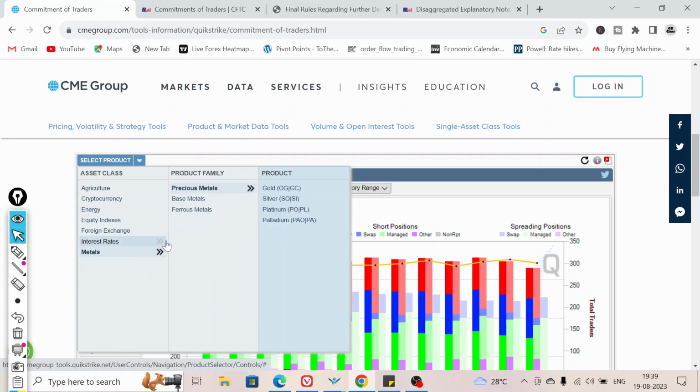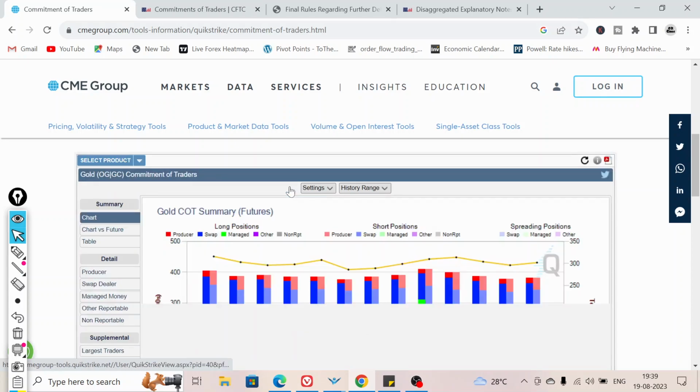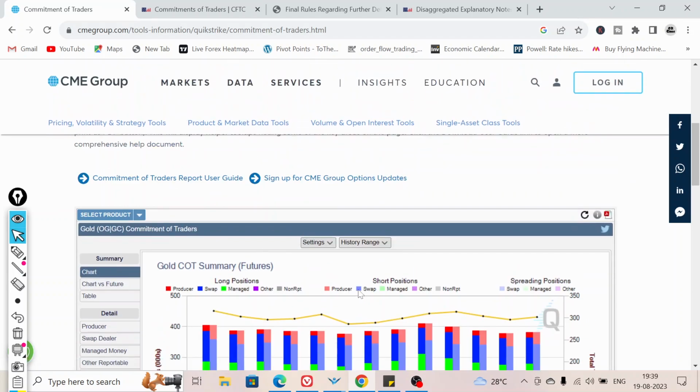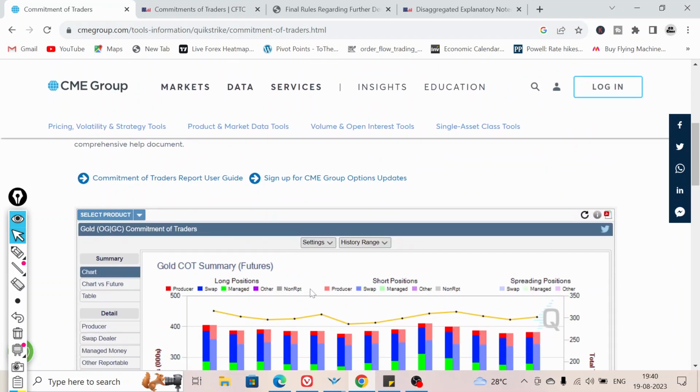When you click on metal, you can see the next segment is precious metal. On that you can select gold. The data is from the gold futures market, because this is a centralized market and we can check the positions from one single exchange. Okay, so over here, this is the report. This is how it looks.